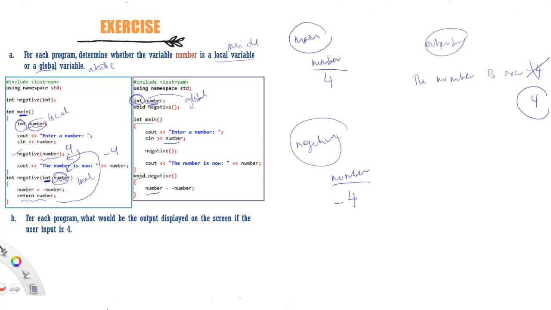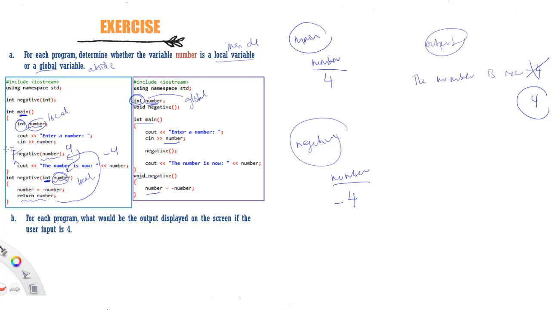Now take a look here. When we send this value 4, which is the input, to this parameter, it receives it. Then it will update the value inside this function as negative 4, and it will return negative 4 back to this function. Now since it returns this number, but take a look here, it is not receiving it.